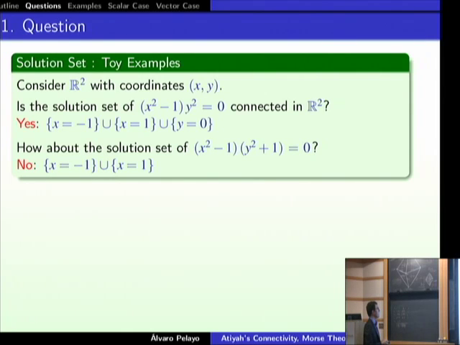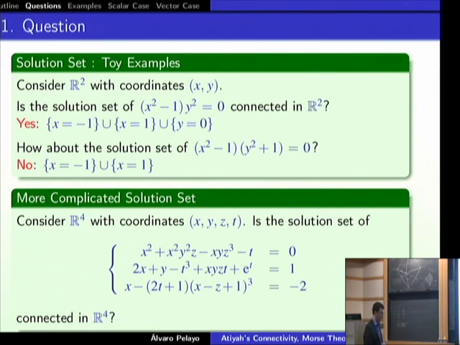Okay. Now you can ask about more general sets. So for example, suppose that you are in R4 and you have coordinates x, y, z, t, and then I give you 3 equations, like these 3 equations, and I can ask you the question, is this set connected in R4? And the answer is no longer as immediate as in the previous case, right?